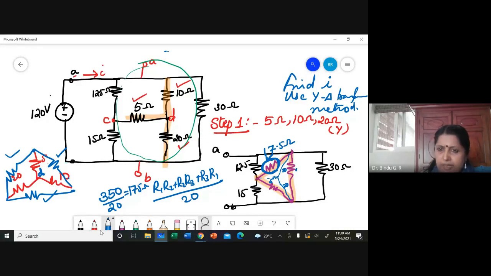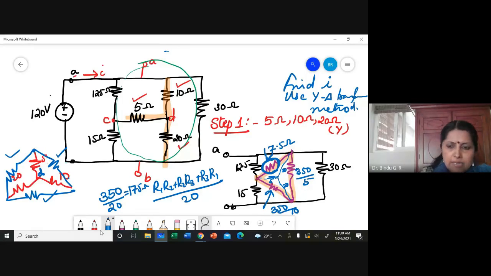Similarly, what is this value? 350 divided by the resistance opposite to it, which is 5. 350 by 5 is 70 ohm. And 350 divided by the resistance opposite to it, which is 10, is 35.